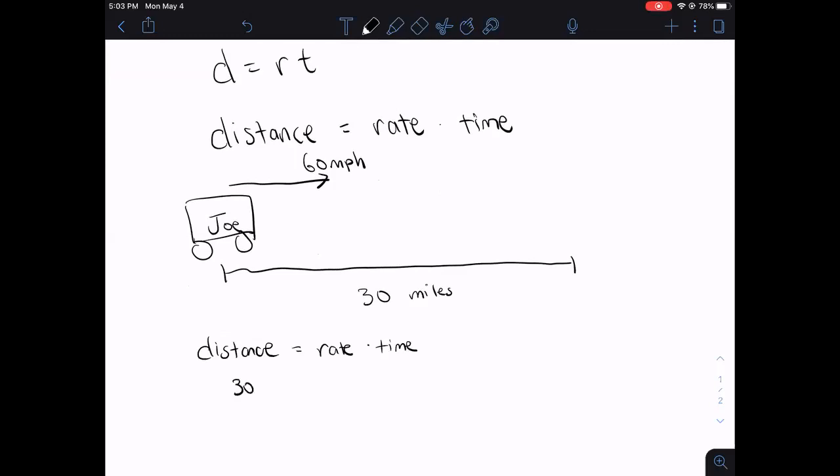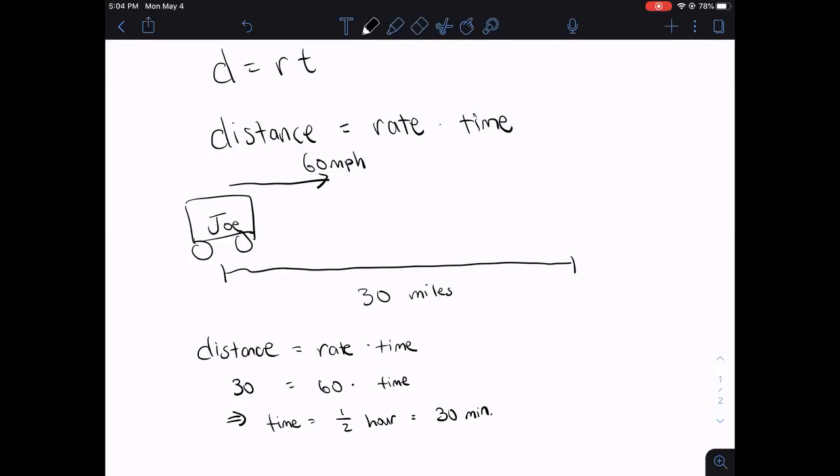So 30 is equal to 60 times time, which means time is half an hour. And this is 30 minutes. So let's just look at this and see if it makes sense.